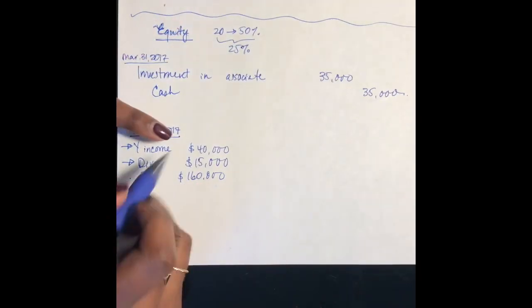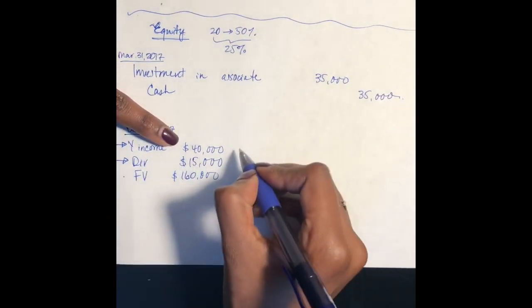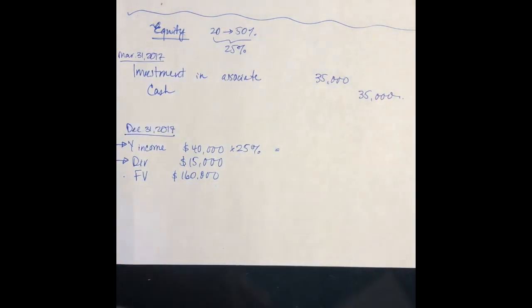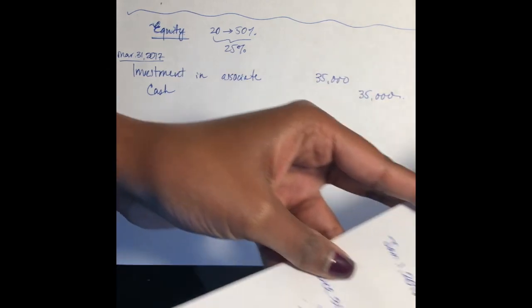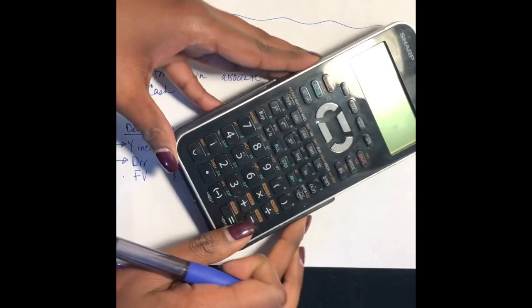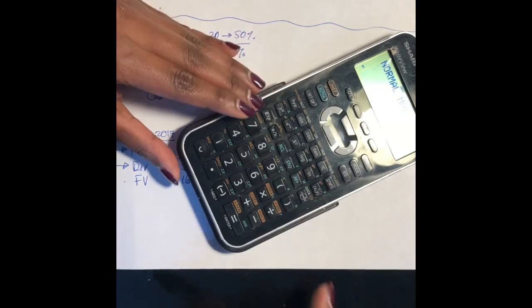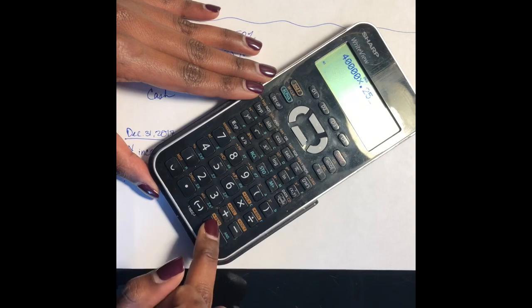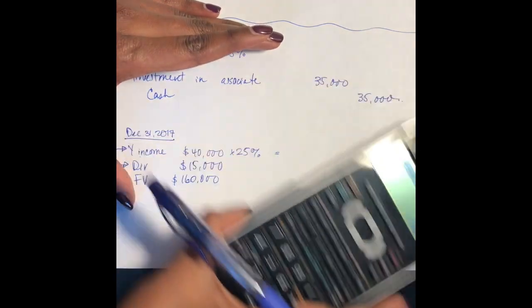So if you're gonna book your income, you're gonna pick up 25% of your share of income, okay? That 25% on your share of income is going to be, let me just grab a calculator. That, this is a great time to lose your calculator, huh? There we go, okay. So if we take your $40,000 times 25% is 10,000, okay?